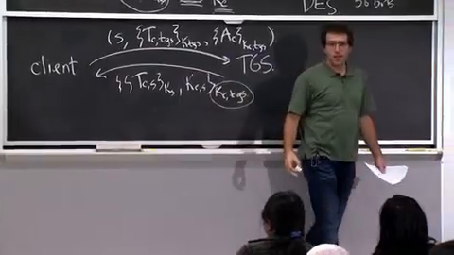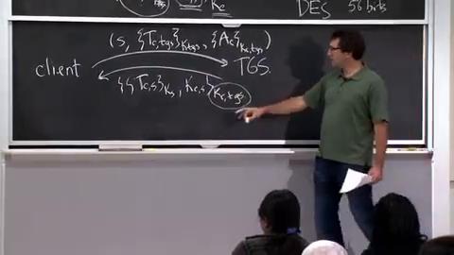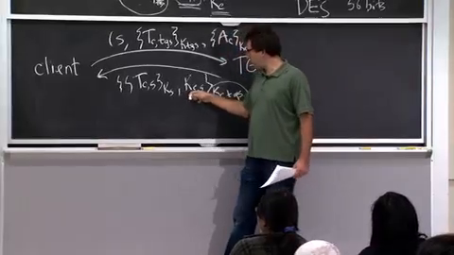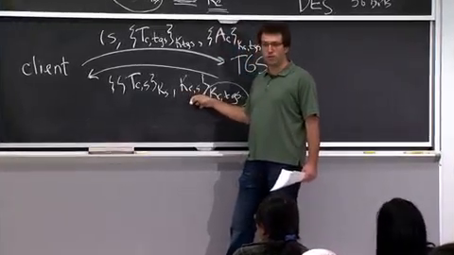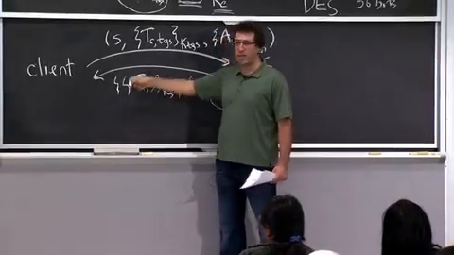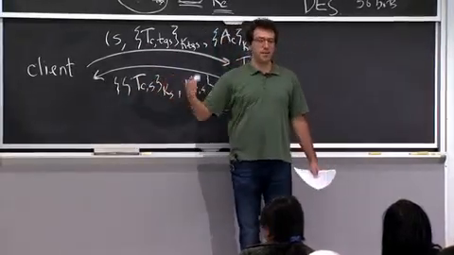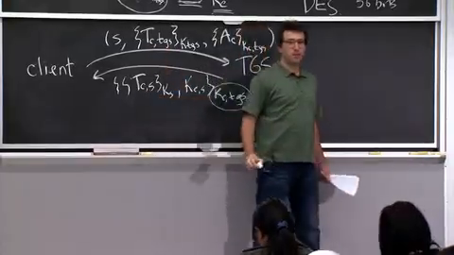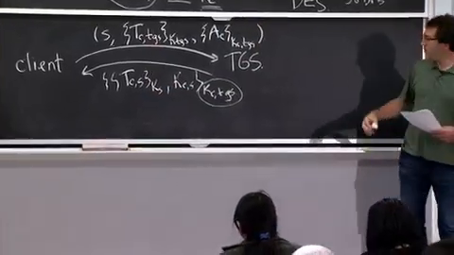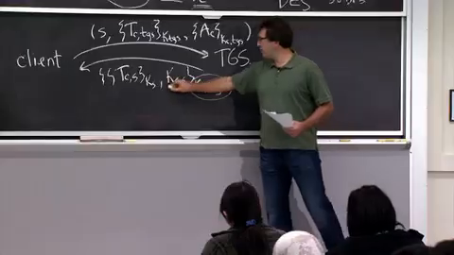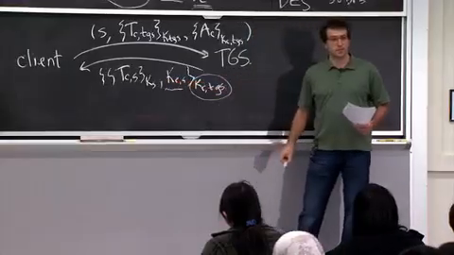Inside this response, I now have a shared key between me and the mail server, S. And this ticket blob that I can send to the mail server to convince it that I'm the right principal.